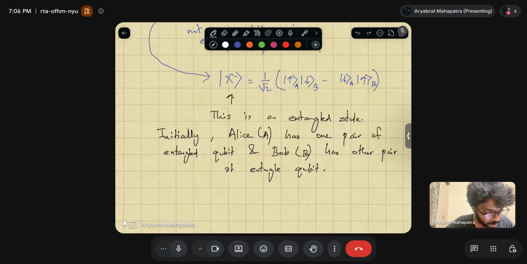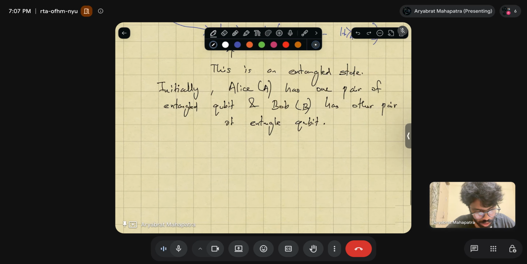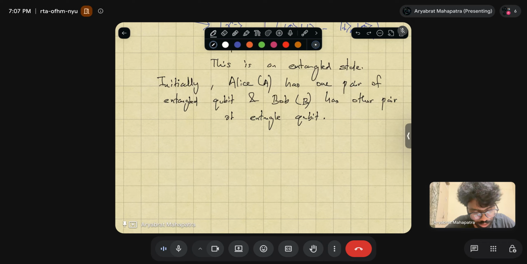So let's say Alice wants to send information to Bob.